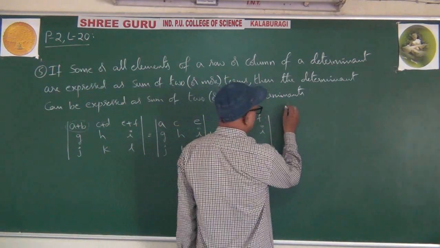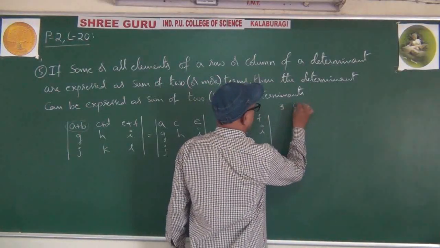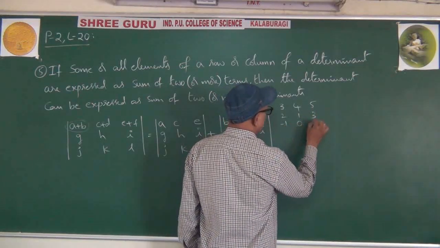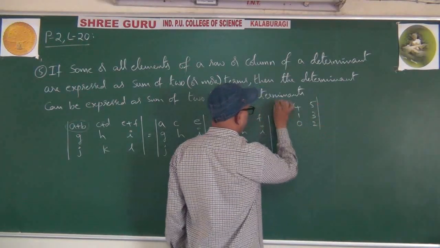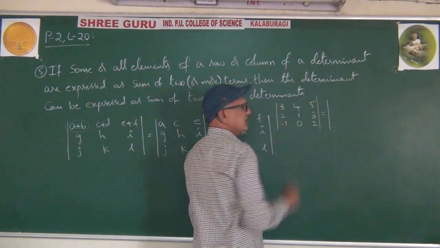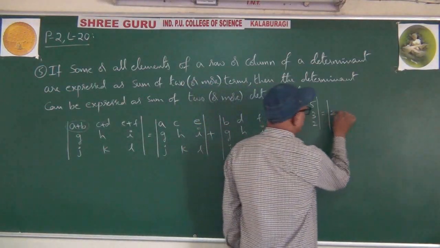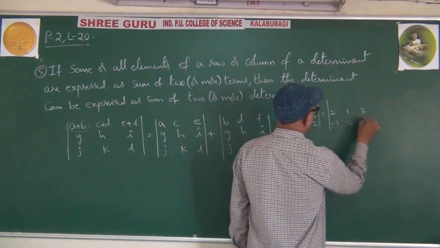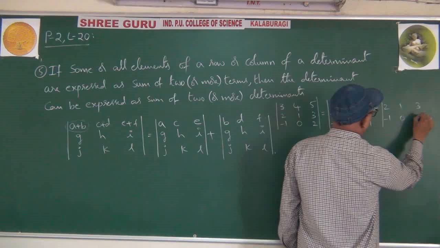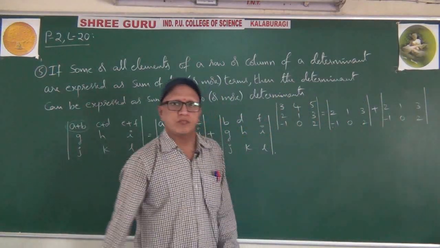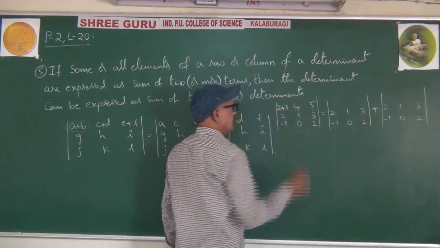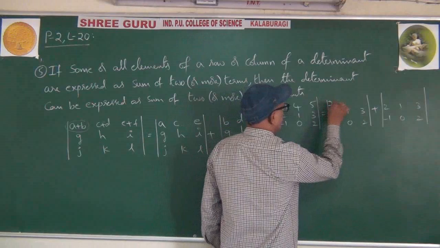For example, a 3 by 3 matrix only I will take: 3, 4, 5; 2, 1, 3; minus 1, 0, 2. Equals to, first of all I will write 3, and the 2 I can write here, 1 I can write here.